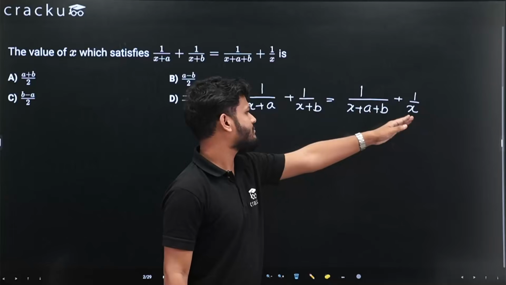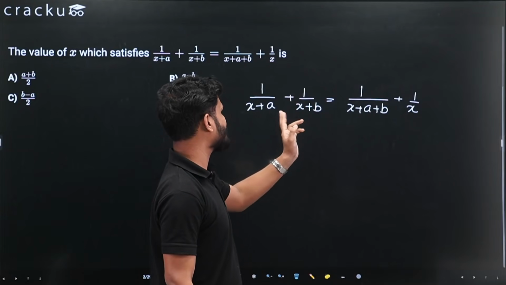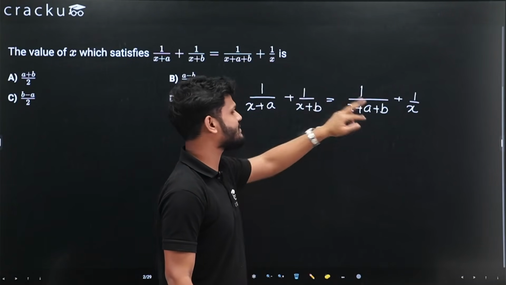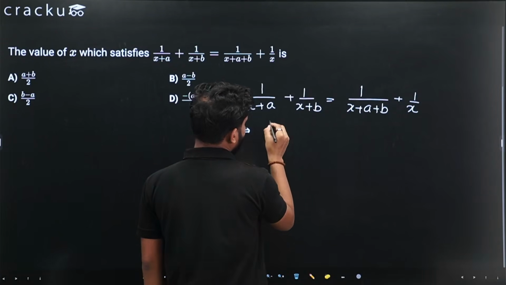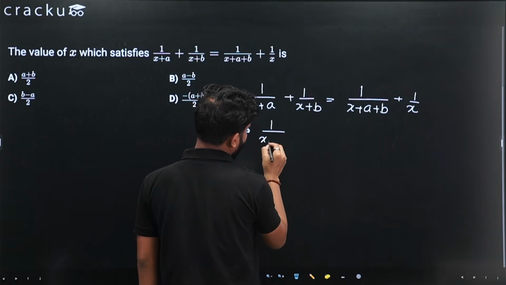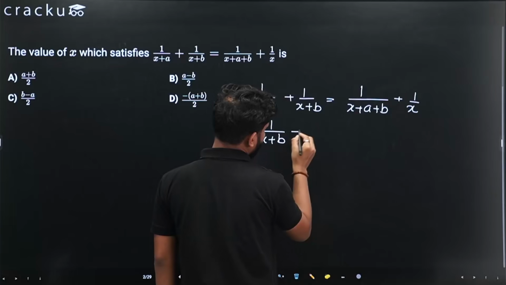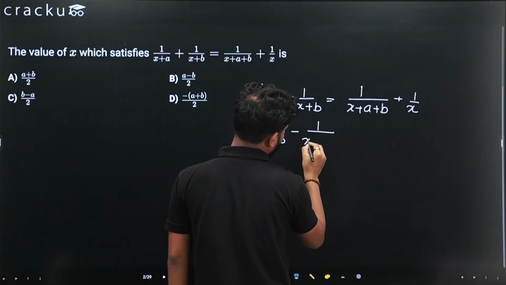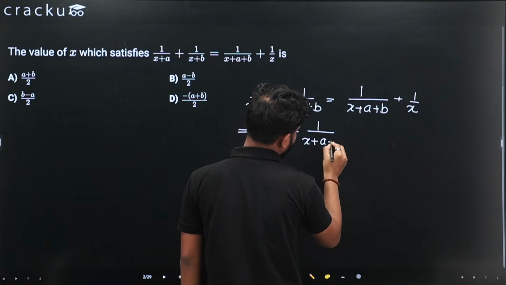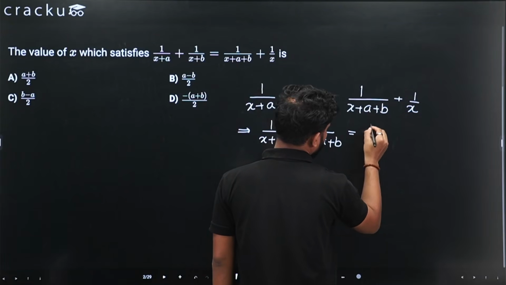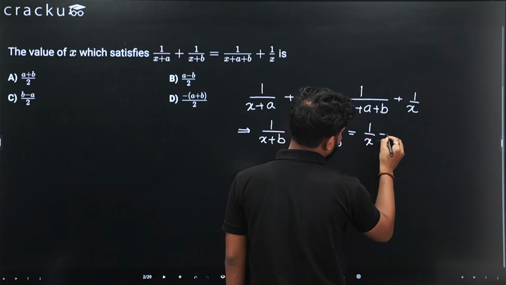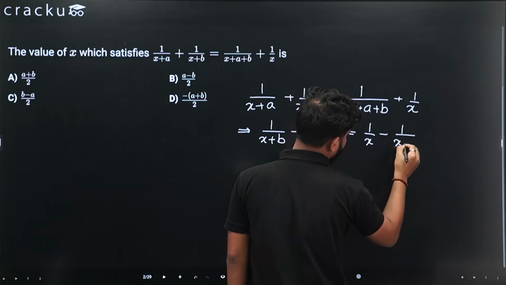I will bring this 1 by x on this side and bring this 1 upon x plus b on that side. So it will be 1 upon x plus b minus 1 upon x plus a plus b. So I brought this term on this side is equal to 1 upon x minus 1 upon x plus a.